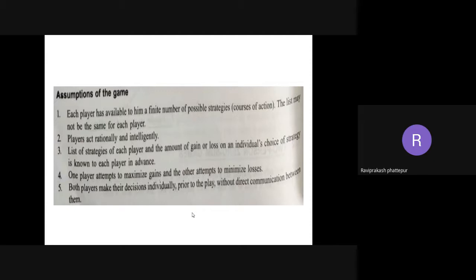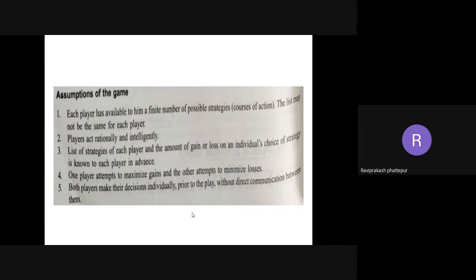The list may not be the same for each player. That means there are two players, A and B. One might have 5 different options, the other may have only 2 different options. That is possible, but they should be finite. It should not be that one person has an infinite number of options and the other finite. There should always be a finite number of possibilities for both.